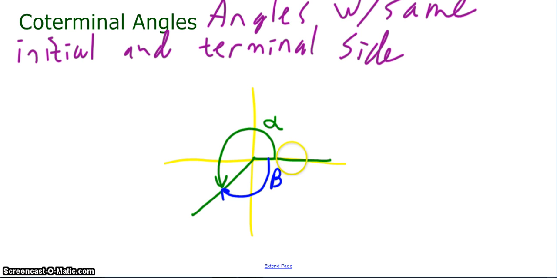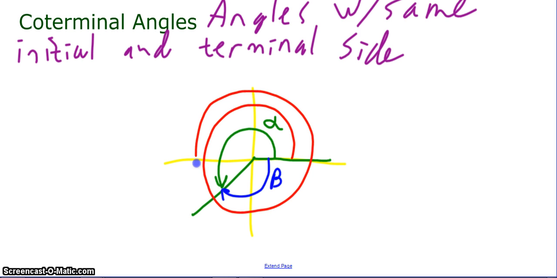And I could also do this. So let's call that theta. And I can continue on with more examples as well. Basically, I can keep starting with the same initial side. I can keep going around in a circle and stopping at the terminal side, both in the positive and negative direction. So you have an infinite amount of coterminal angles.